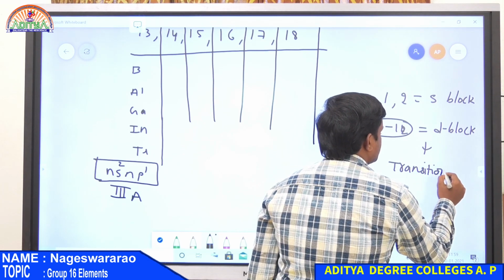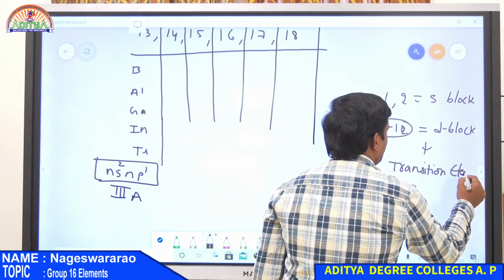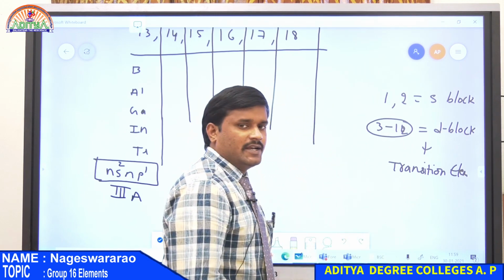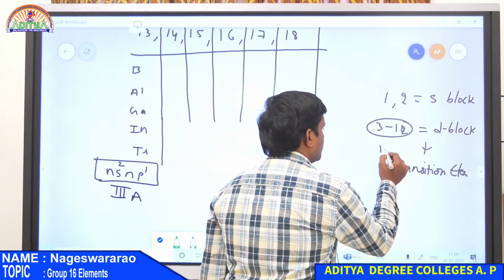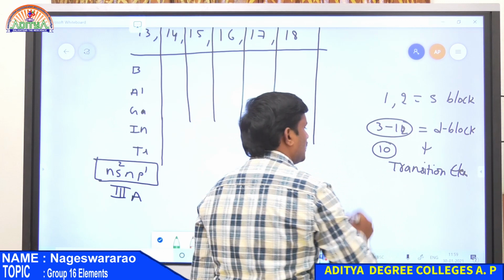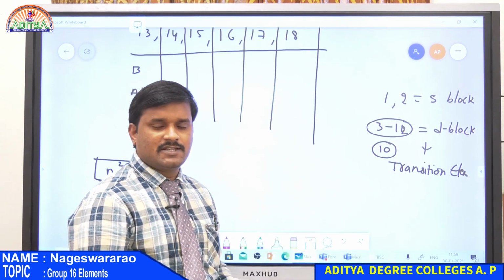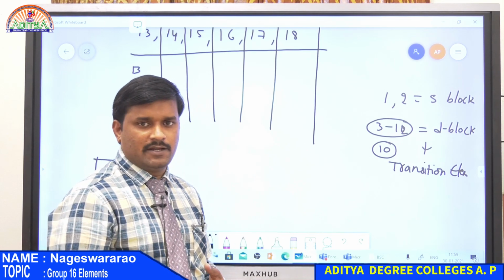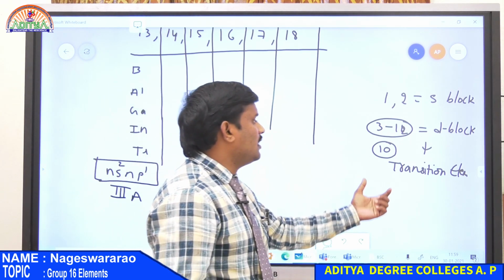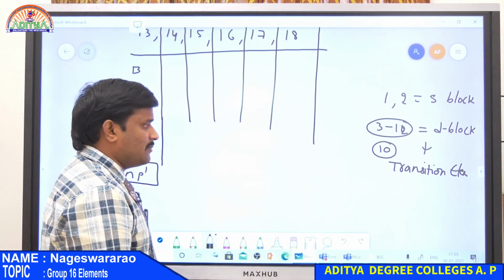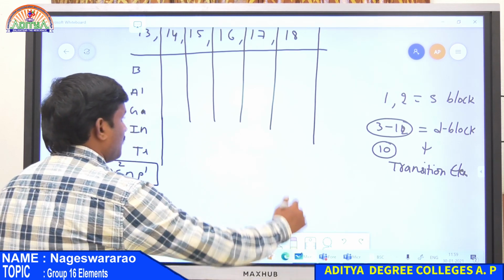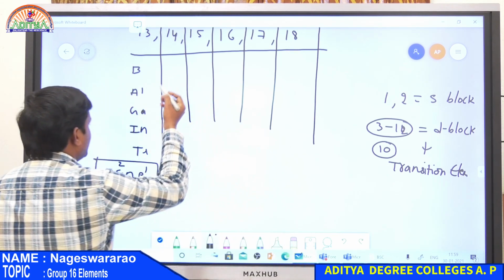From group number 3 to 12, that is 10 groups, all are transition elements which are present in between s and p block elements. Therefore, these are nothing but transition metals. All are metals also. Now, after 12, it is 13, that is p block element.